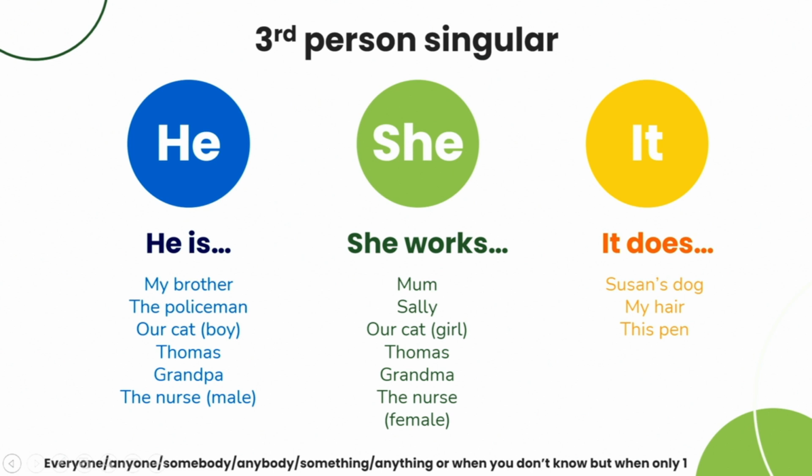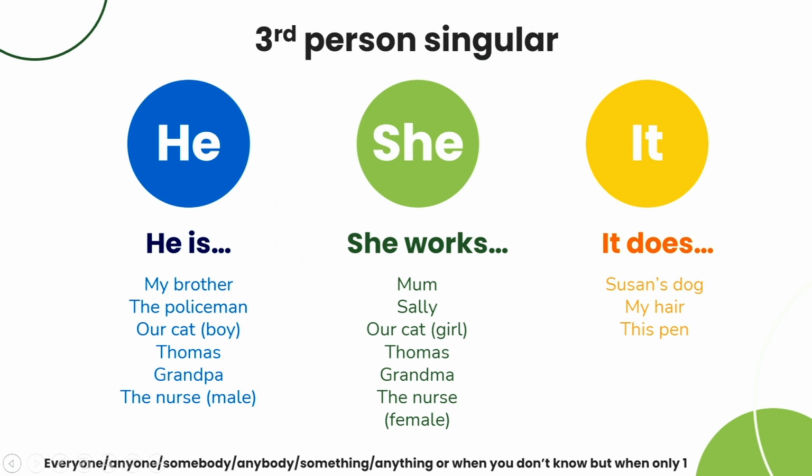We use one or body with most of these phrases. Everyone, anyone, someone, anybody, somebody, anything, something. Then we would replace that with he, she, or it. Okay, so when we use those phrases, we're using third person singular.